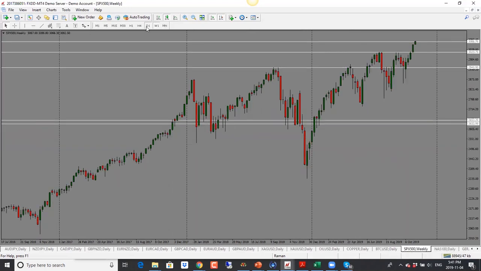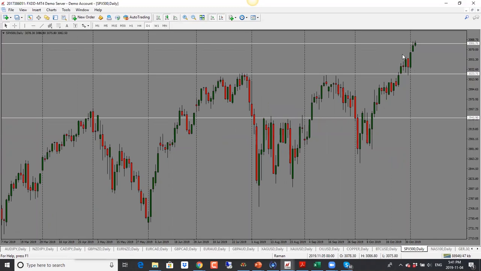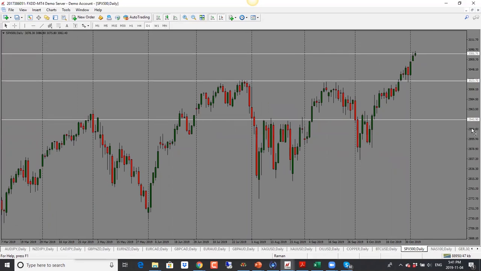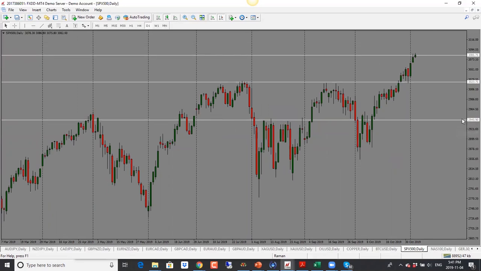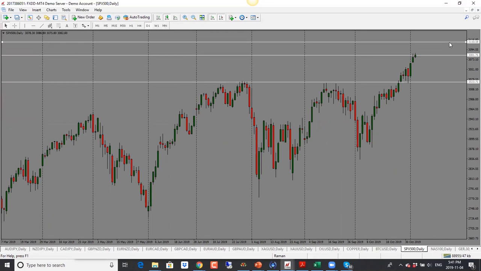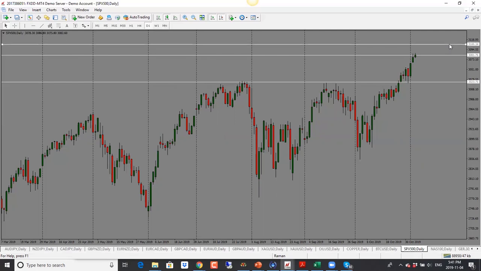S&P 500 here is looking quite bullish. We are right into our all-time highs. At this point, momentum is slowing down, but price is still looking bullish. The next target here is 3,100 and 3,120. But if it doesn't hold above today's high, we could see price drop, because today's candle doesn't have as much momentum as we saw on Friday.